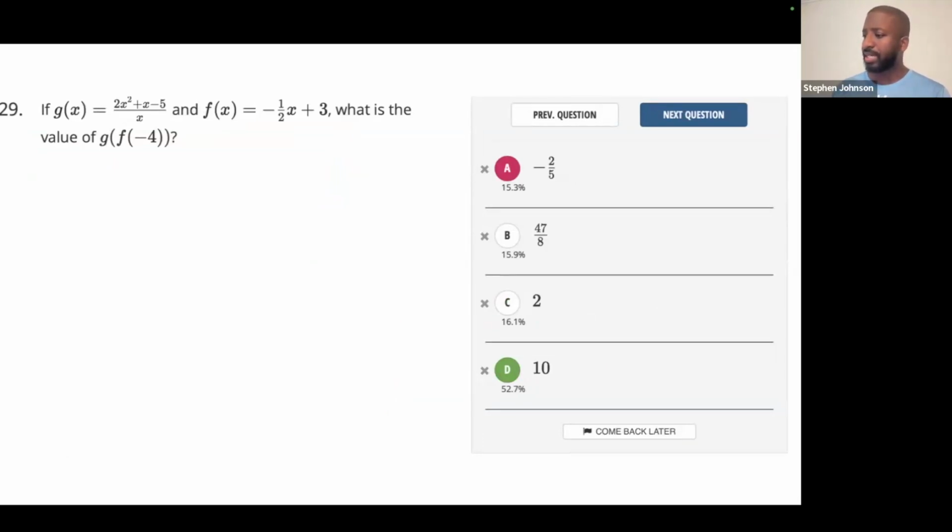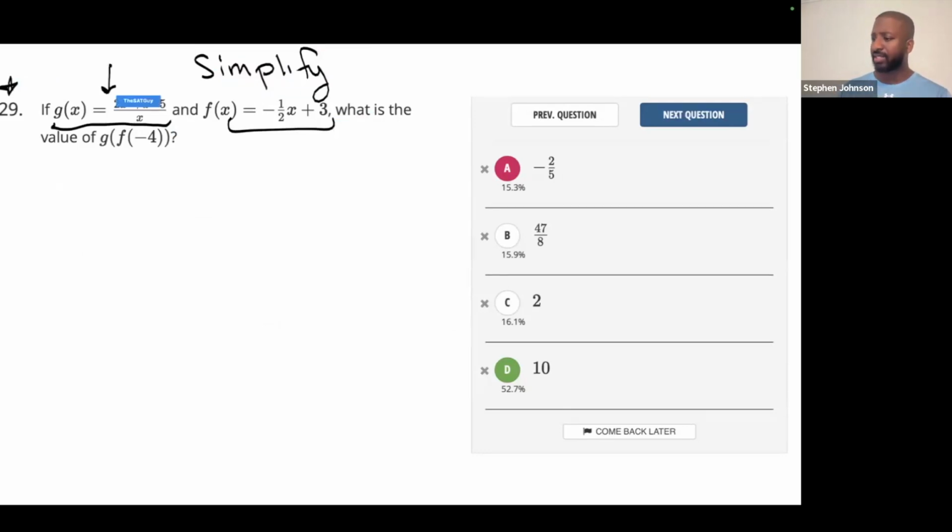So this question is a simplify question. We know that it's a simplify question because it's short. All simplify questions are short and contain an equation or expression. This has 2 equations. So what do we do? Honestly, there's no way to simplify g of x, and there's no way to simplify f of x separately.